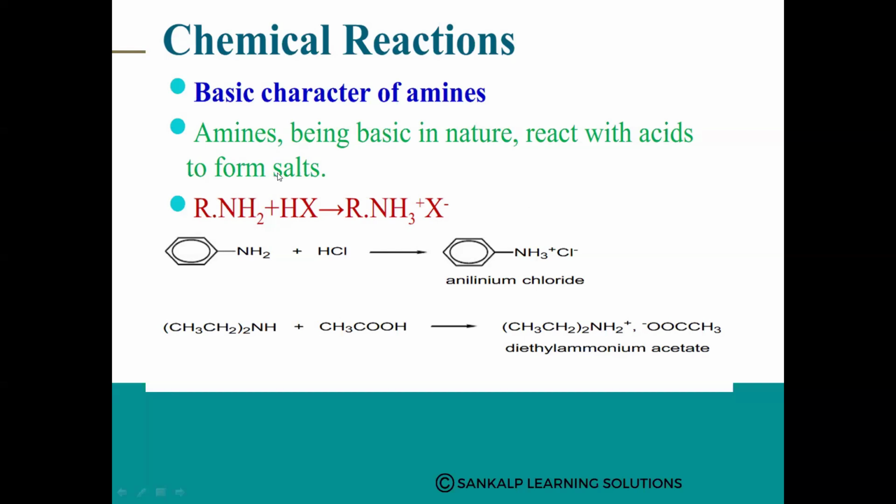They form ammonium salt, which indicates that amines are basic in nature. So RNH2 reacts with acid and you get RNH3+ X-. Here this is the base, this is the acid, and this is the salt.